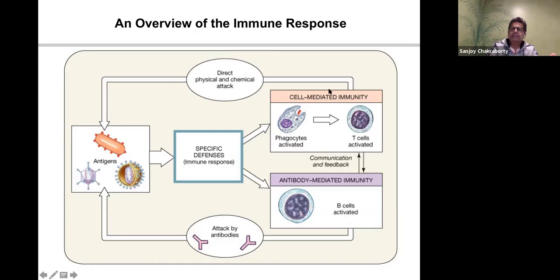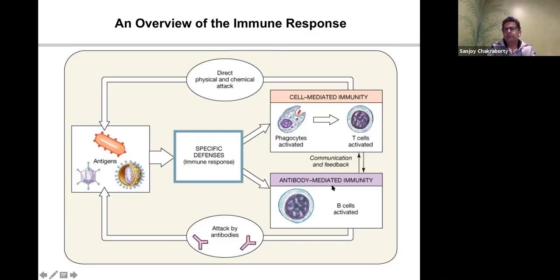When T cells get activated, there is a direct physical and chemical attack, meaning they are directly shooting them. Let's go back to our own example. If they could not defuse the bomb, then B cells produce antibody, which kills the antigen. That can also happen. We call one cell-mediated because the cell participates directly.